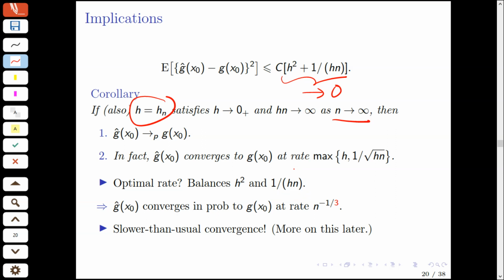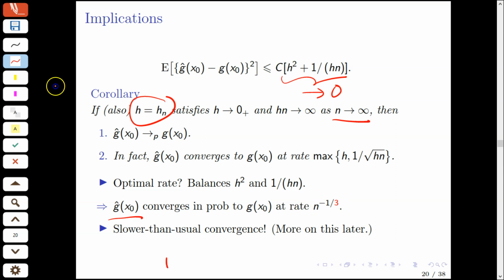And if one chooses the bandwidth in exactly such a way, then the kernel estimator may be shown to converge in probability to our estimand at a rate equal to 1 over the cubic root of the sample size. That is, n to the minus 1/3.